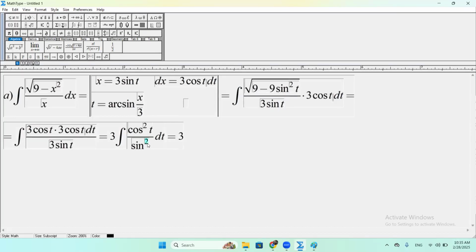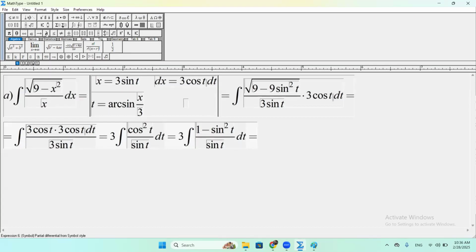No squares. Oh, no, not reducing the power, but 1 minus sine square of x, divided by sine, so not x, but t. And divided by sine of t, dt.